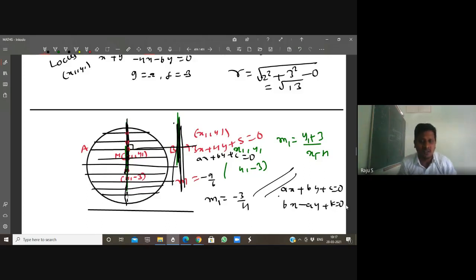You studied straight lines. So the equation must be something like 4x minus 3y plus k is equal to 0. The answer must be like 4x minus 3y plus k is equal to 0. The k and r we will find. Let's see whether we get the chord equation.